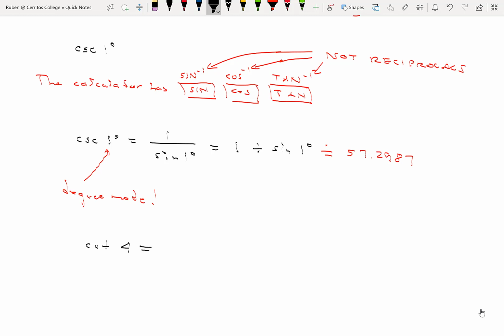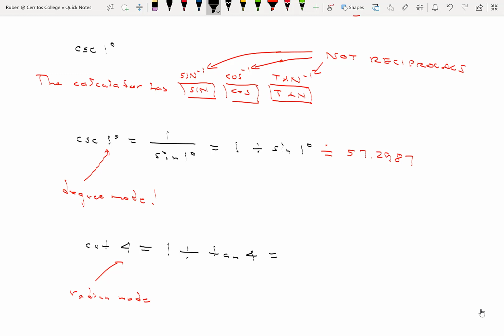So you got to put your calculator back in the radian mode. And once your calculator is back in the radian mode, the cotangent of 4 is 1 divided by the tangent of 4, fundamental identity.